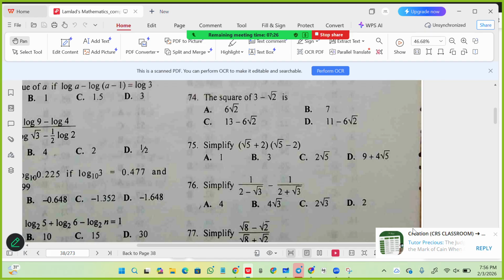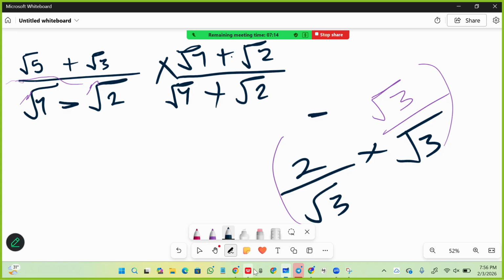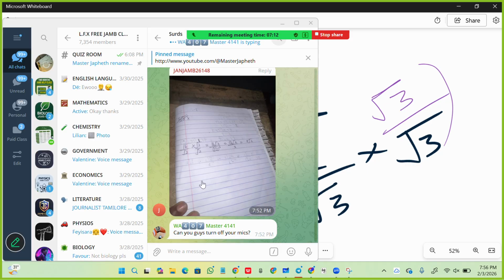1 over 2 root 3. Please type I understand. I want to be sure you are following me. I have 7 minutes left. 1 over 2 root 3. Let me see. Type I understand.